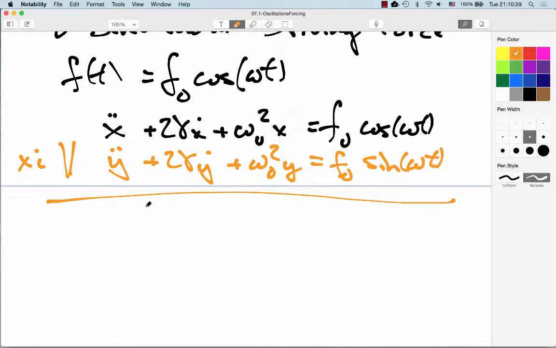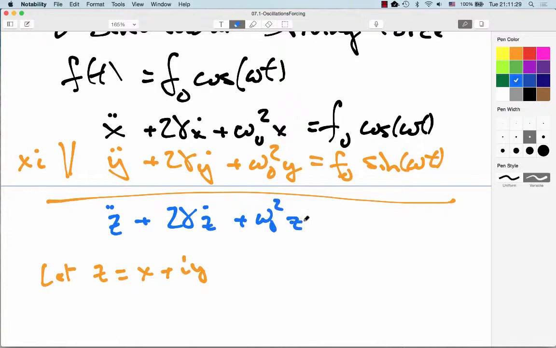So if we let z equal x plus iy, my equation now will become x double dot plus iy double dot, so that would be z double dot, plus 2 gamma times x dot plus iy dot, that's just z dot, plus omega naught squared z equals f naught times the cosine of omega t plus i sine omega t.